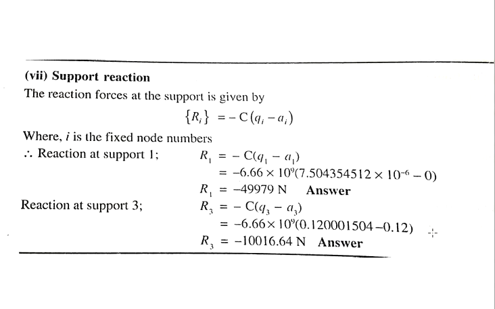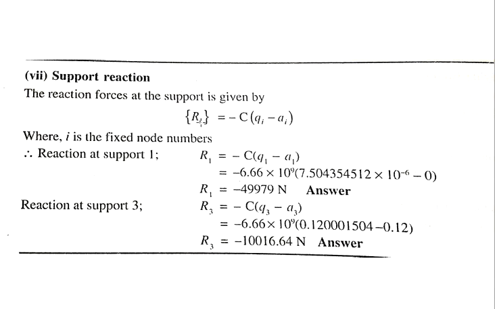Then the reaction supports. See how we found the reaction supports in the case of normal figures like the simple bar and stepped bar, where the maximum displacement is not given. At that time we would have taken only minus C into Q1, minus C into Q3. But here the formula is minus C into Qi minus Ai. It is a generalized formula.